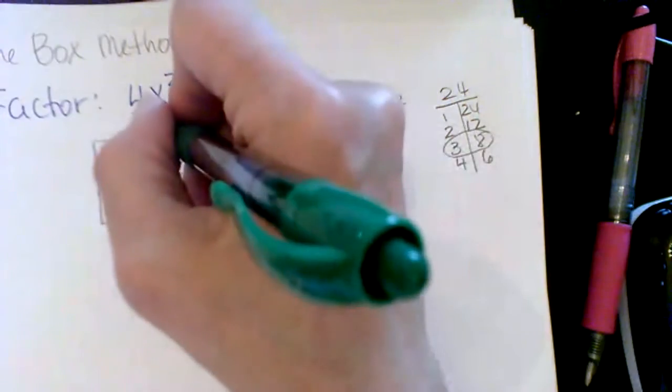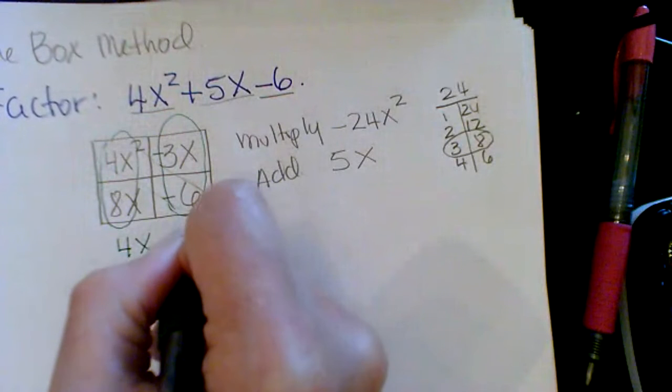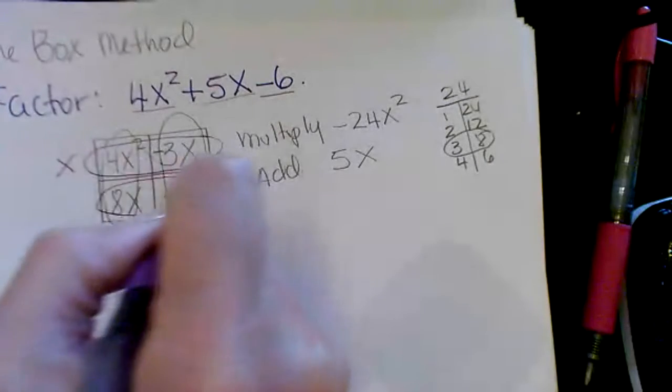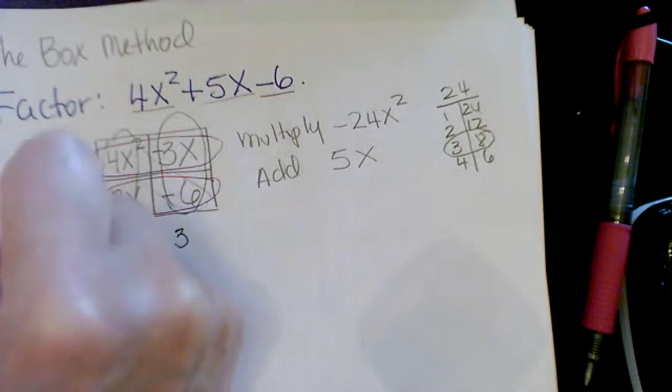And from this column, it's going to be 3. Now let's do it from this row. It's going to be x. And between 8x and 6, it's going to be 2.